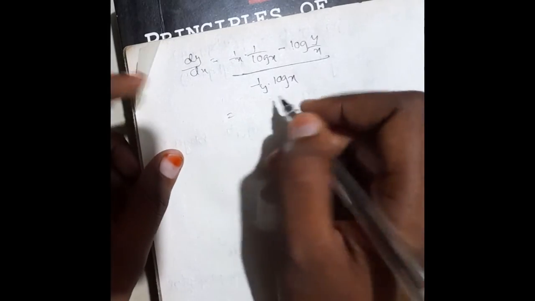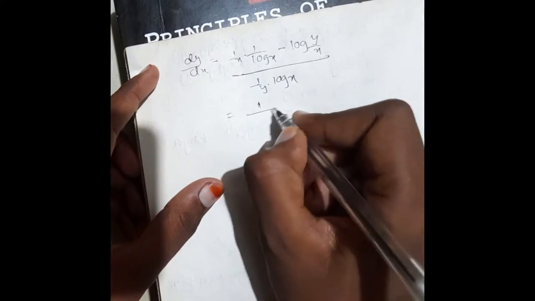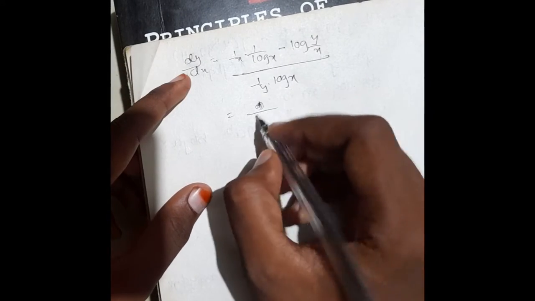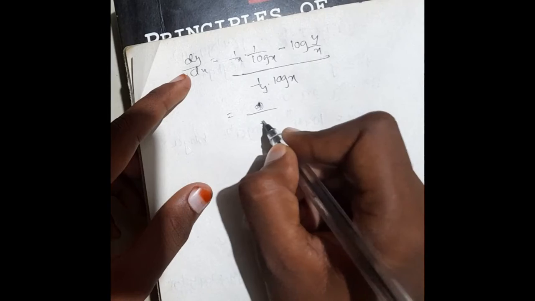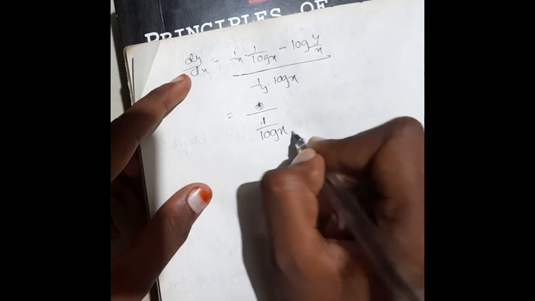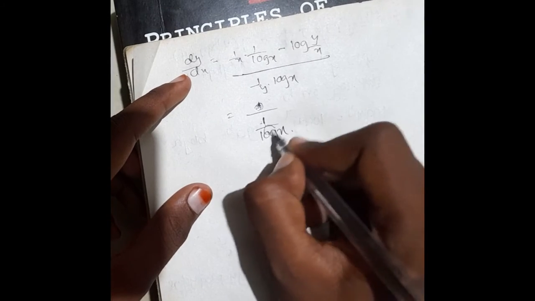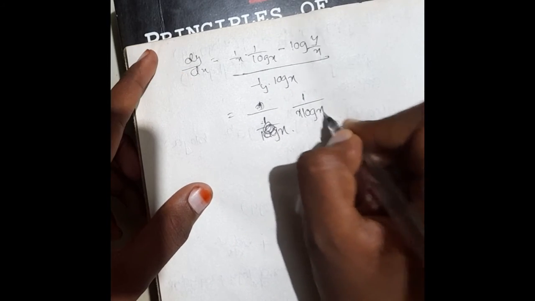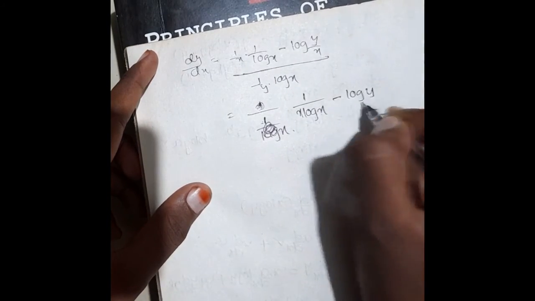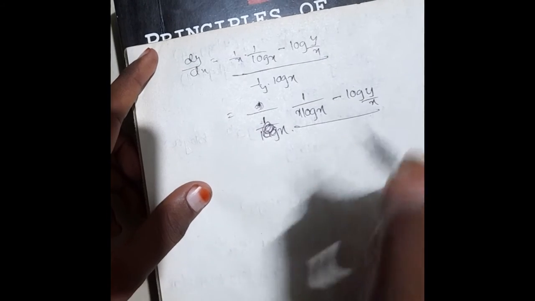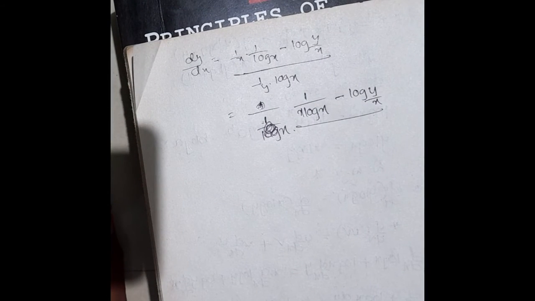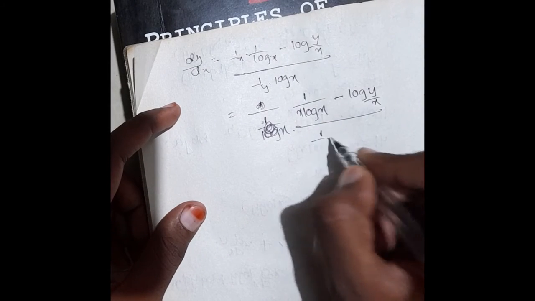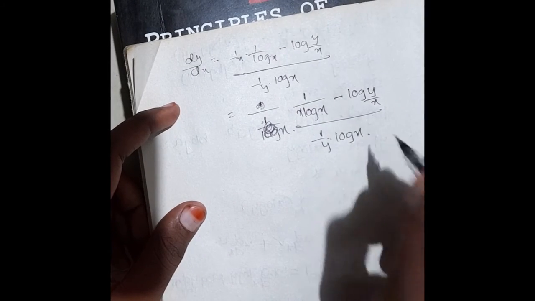So now 1 by x log x minus log y by x, by 1 by y log x.